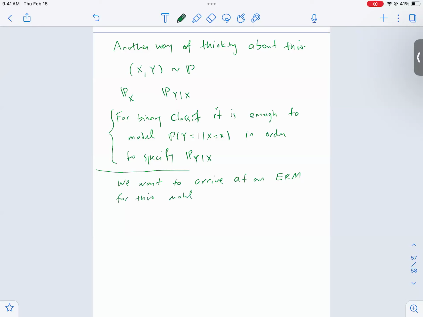I want to have something like 1 over n, summation i from 1 to n, of some loss applied to y_i and eta_theta of x_i, and then argmin over this theta.